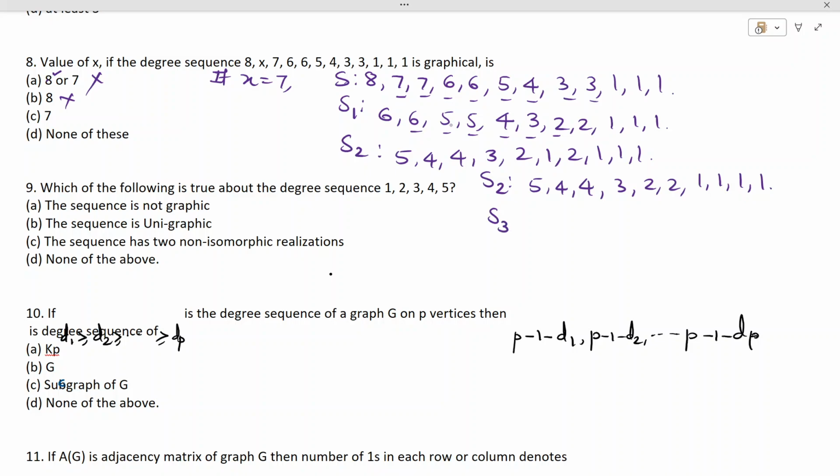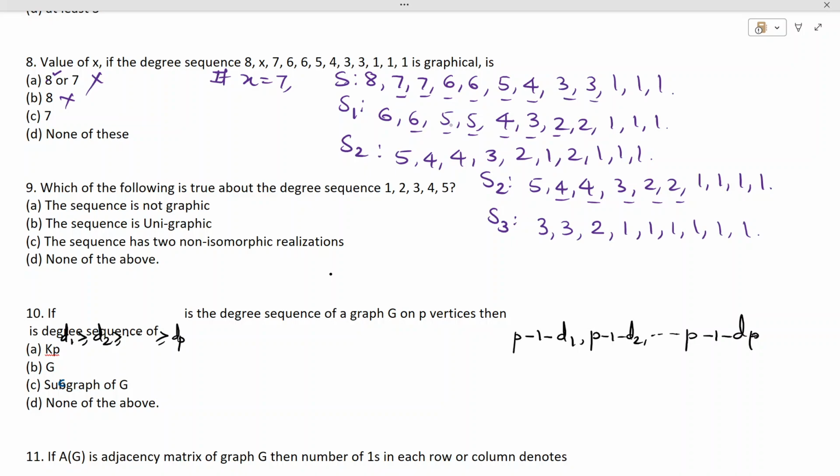Again I am applying the Havel-Hakimi algorithm to S2, and we get S3: 3, 3, 2, 1, 1, 1, 1, 1, 1.